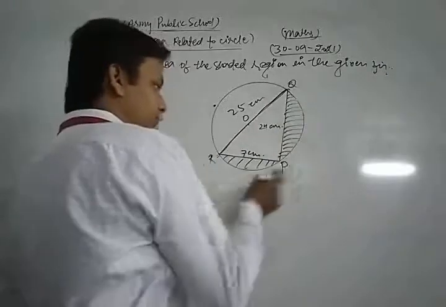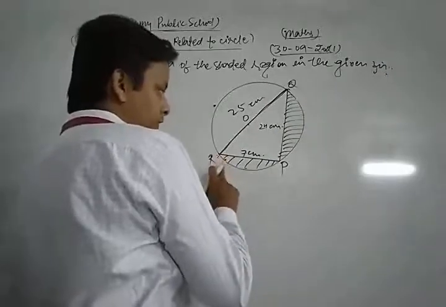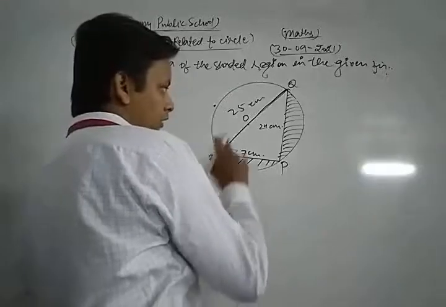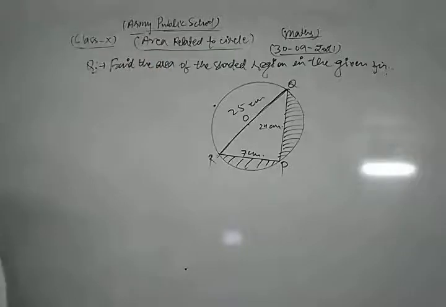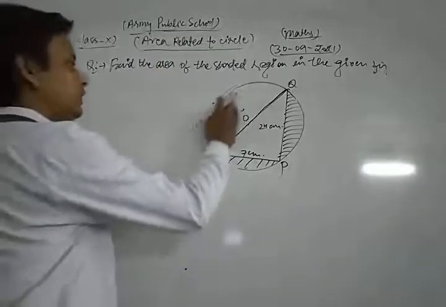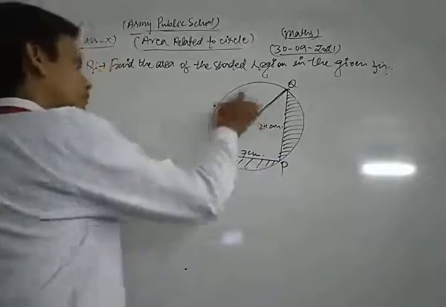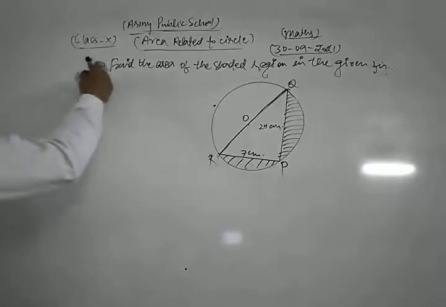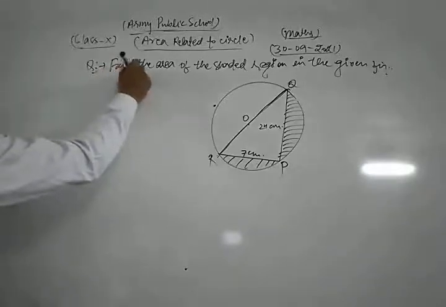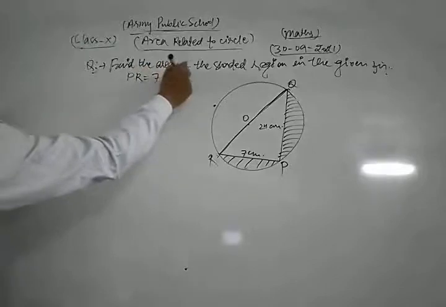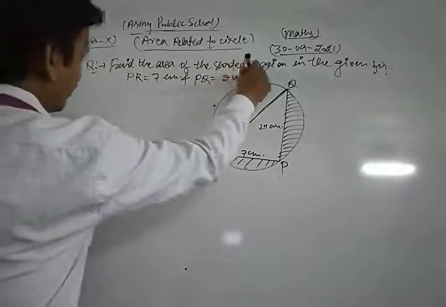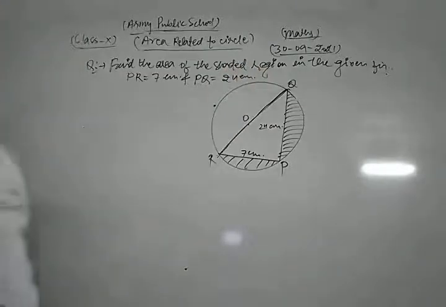If we find the area of the semicircle and minus the area of the triangle, now only two sides are given. From the figure it is clear that PR is equal to 7 centimeter and PQ is equal to 24 centimeter.